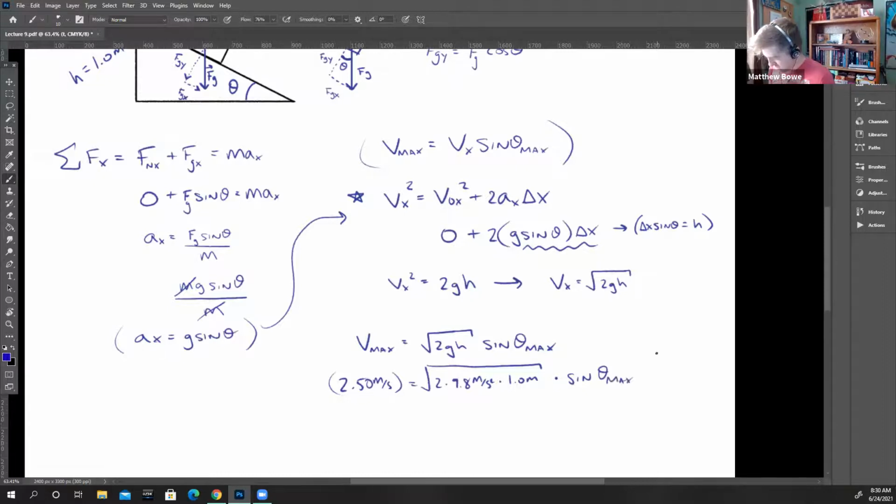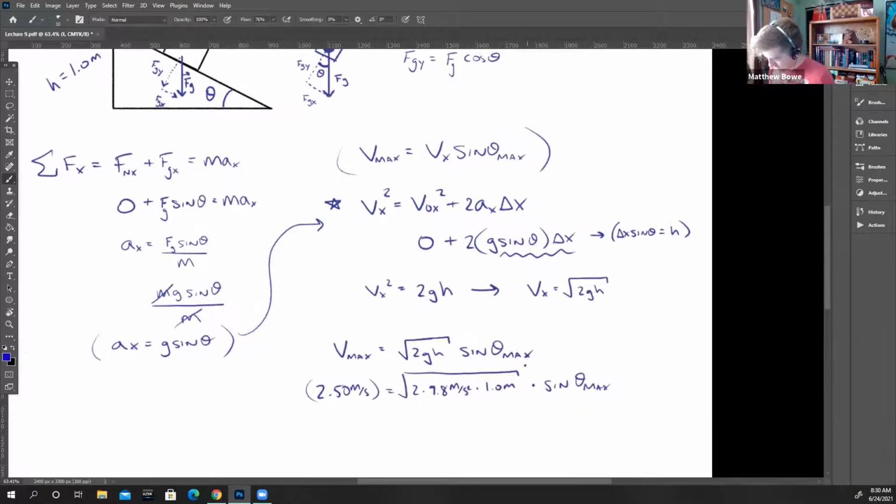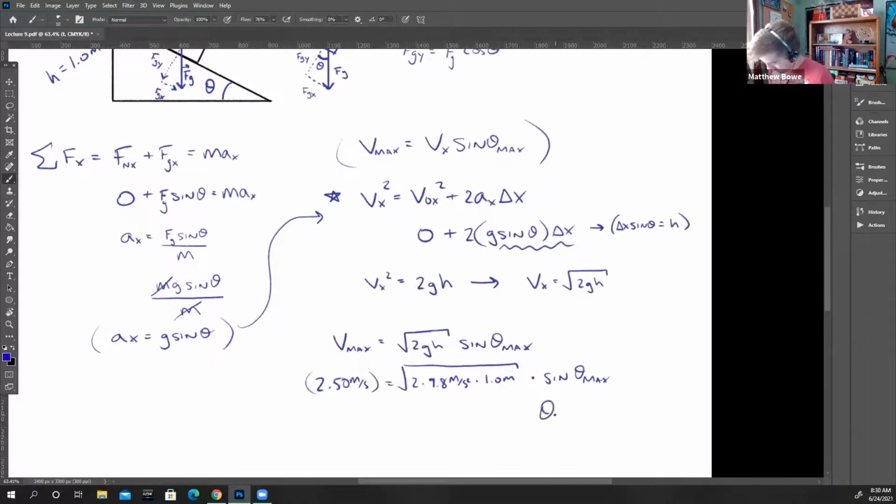And from this step, I'll just skip because I don't want to rewrite it a couple more times. We find out that the angle should be about 34.4 degrees. So if we angle the ramp at that, the final velocity at the bottom of the ramp will be 2.5 meters per second.